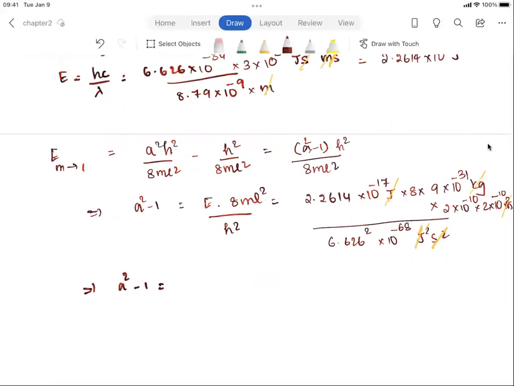Now let's go ahead and simplify this. 8 times 9 times 4. So I end up with 4.834 times 10 to the power, they should all hopefully cancel out. So let's see.